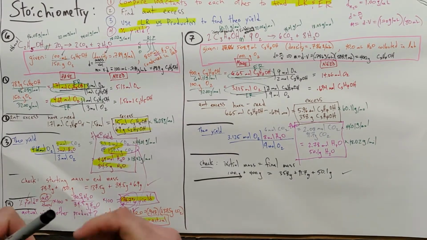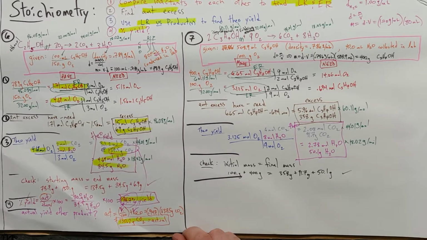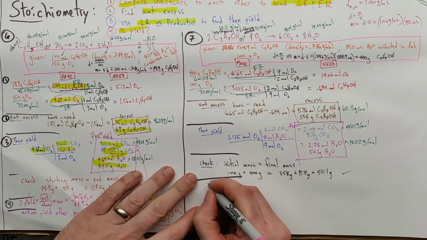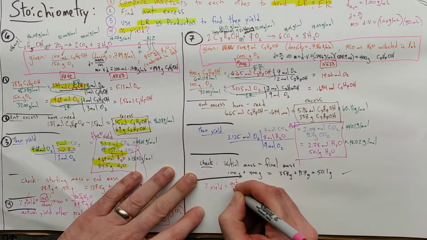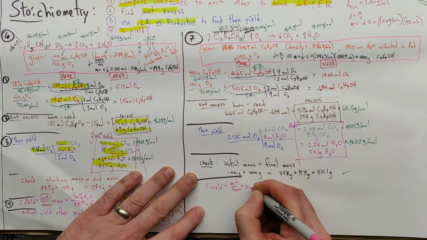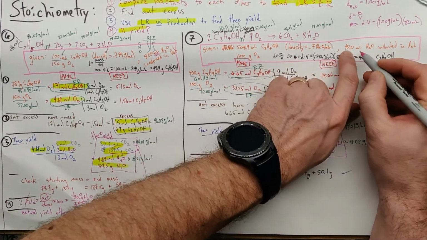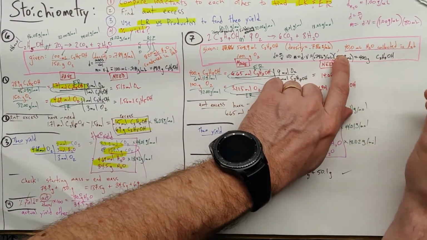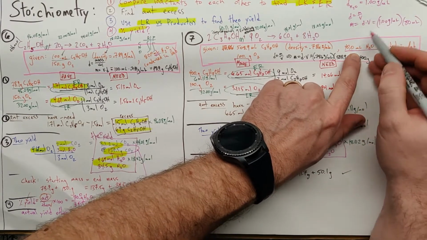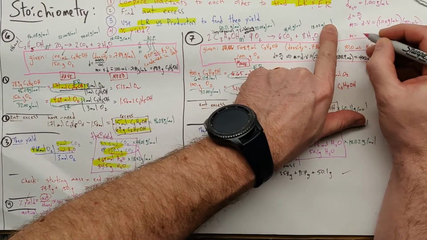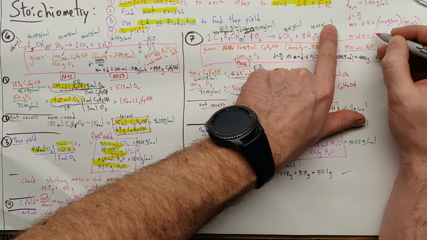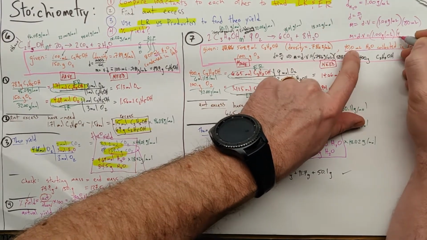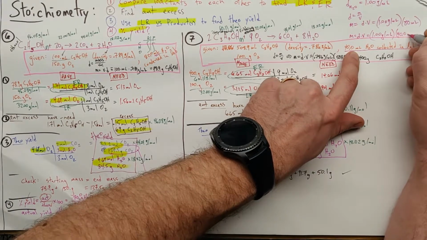And then we'll get our actual yield and our percent yield and move on with our lives. Percent yield is supposed to be the actual over the theoretical times 100. We're given this actual yield of water, and again, I gave a volume, but we learned up here our mass is our density times our volume, and for water, 1.00 grams per milliliter approximately, times, in this case, 40 milliliters.